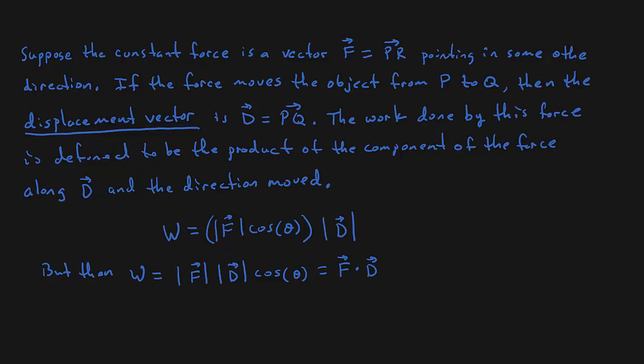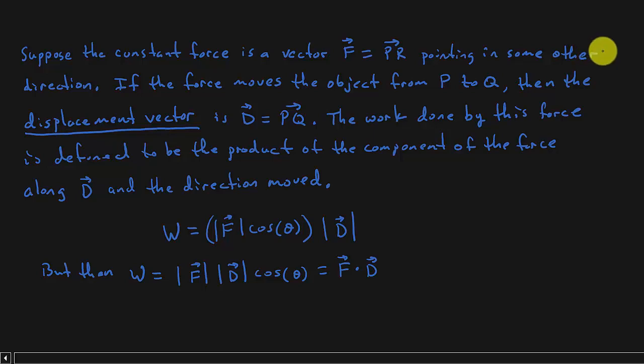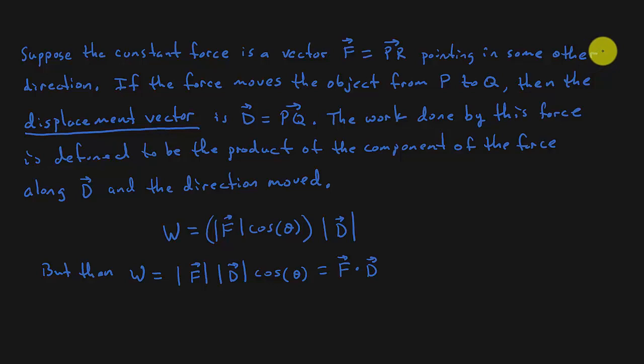All right, so suppose the constant force is a vector, vector F equal to vector PR, pointing in some direction. If the force moves the object from P to Q, then the displacement vector is vector D equals PQ.